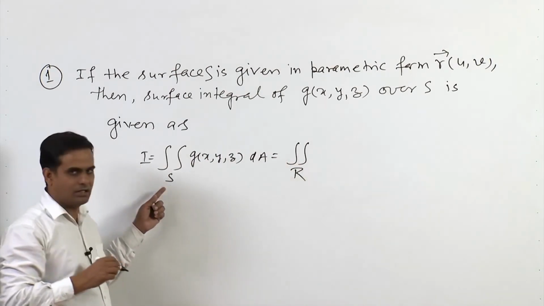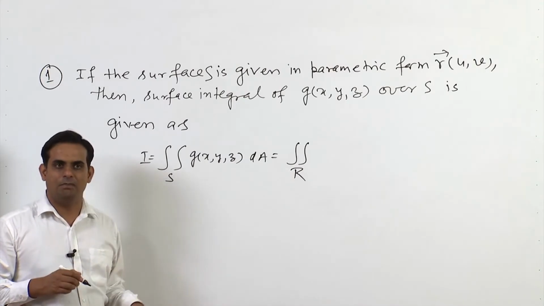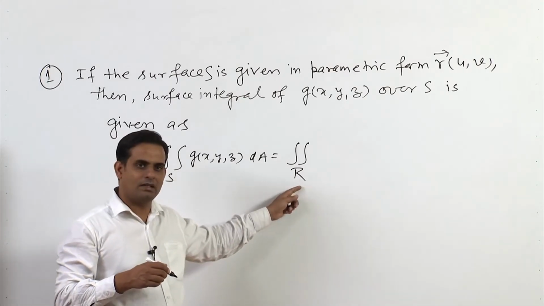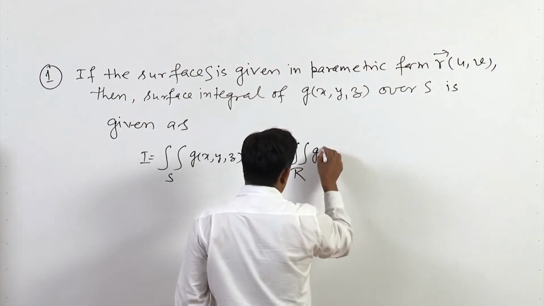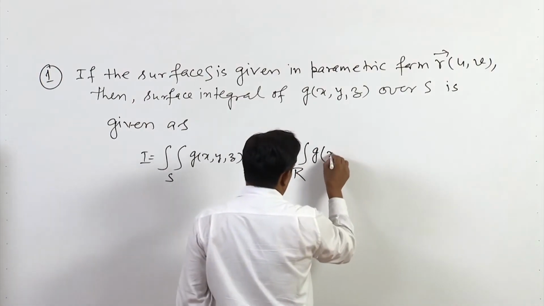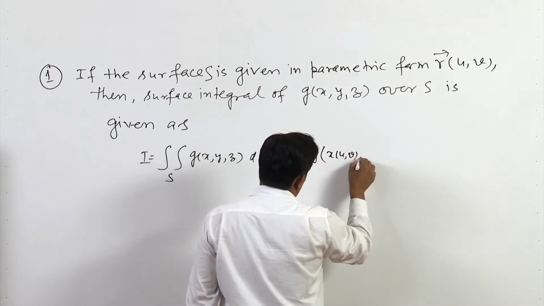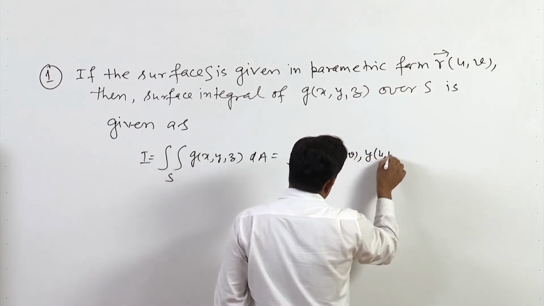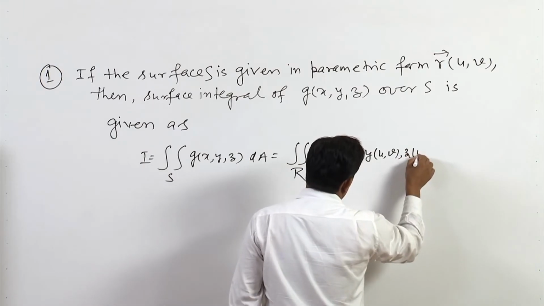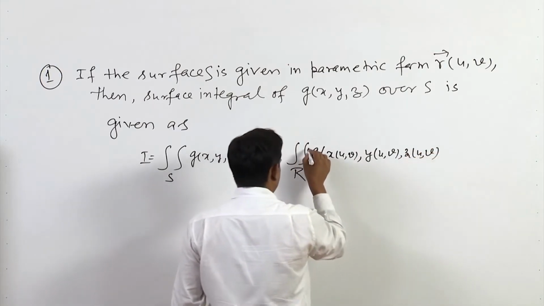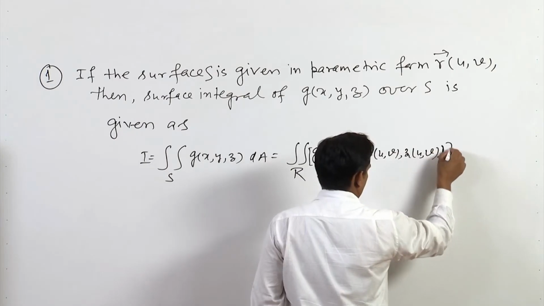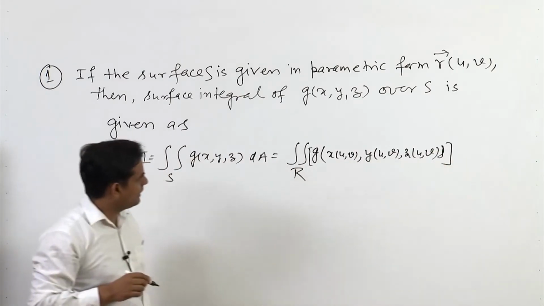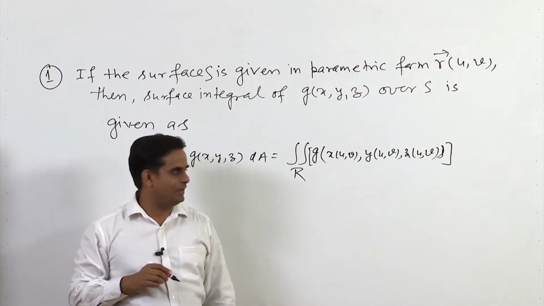Here I will project the surface onto the uv plane, so the projection will become R. Then g of x of u v, y of u v, z of u v, so you can write this g in terms of u and v.